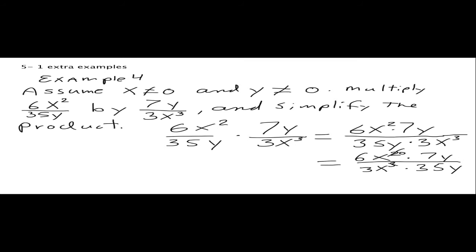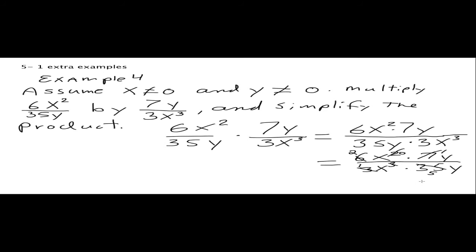3 goes into 3 one time. 3 goes into 6 two times. So I've divided top and bottom by 3. Now I'm going to go ahead and look at doing this through 7. 7 goes into 7 one time. 7 goes into 35 5 times.